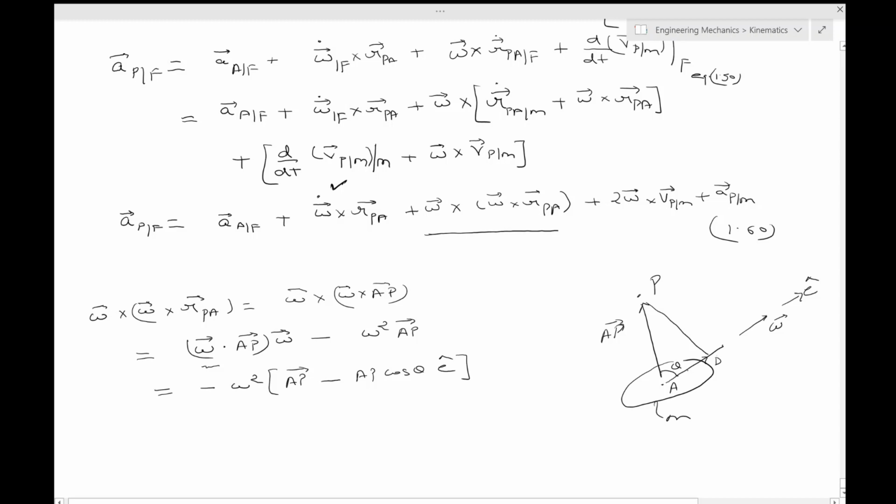So this would be vector AD, and this will clearly be vector DP. Now if I want to write this as minus omega square, sorry, it should just be omega square without the vector sign.